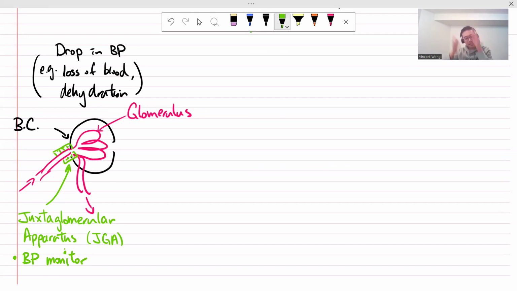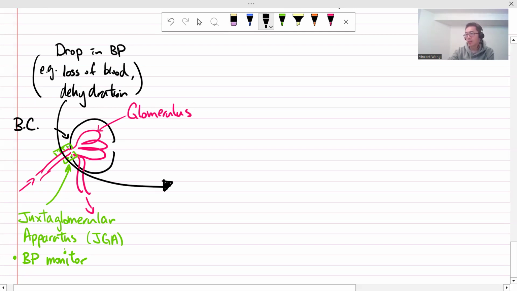As the blood is going into the glomerulus, the JGA is going to check the blood pressure. Is it where it should be? Is it too high? Is it too low? It's basically a detector. So if you have a drop in blood pressure, the JGA is going to detect that.